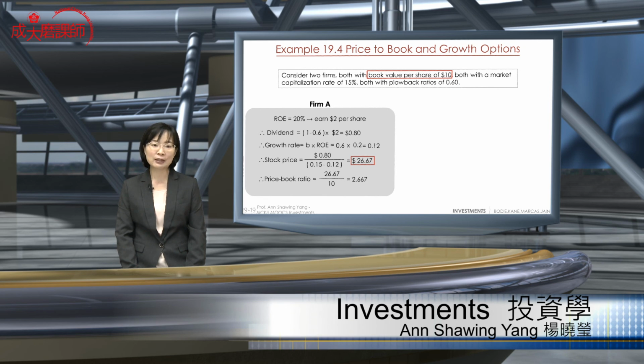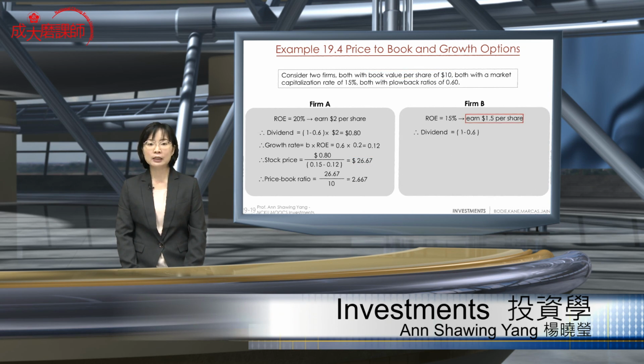Then you can compare the stock price from the equation to how much it really is in the actual market right now. And the price to book ratio is 26.67 divided by 10, because 10 is the book value per share from the question itself. So it's 2.667. That's for firm A.